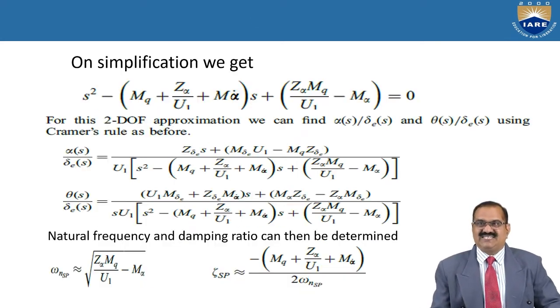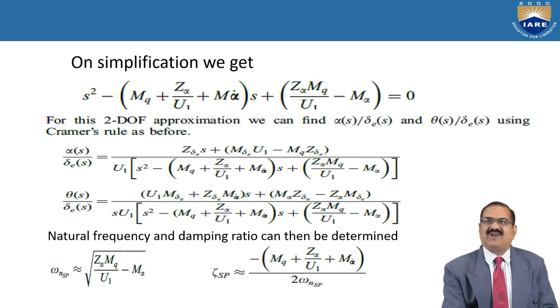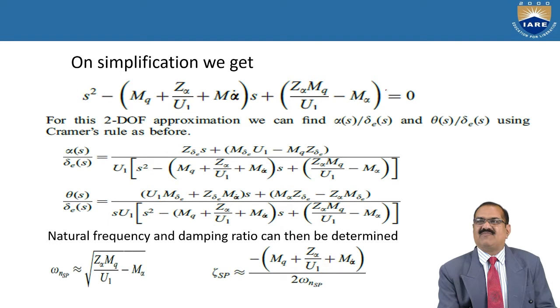On simplification, we get s square minus (M_q plus Z alpha by U1 plus M alpha dot) s plus (Z alpha M_q by U1 minus M alpha) is equal to 0. Here capital M is a moment with variation of alpha, and here with variation of pitch. So that is the difference.